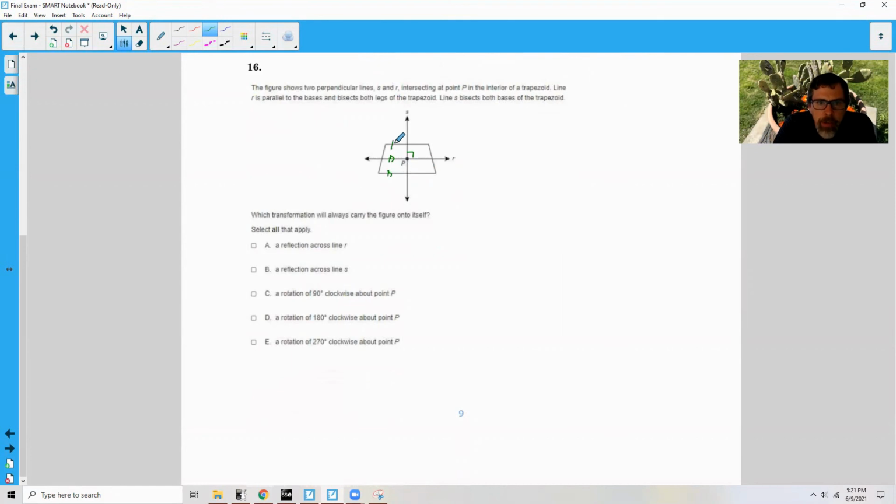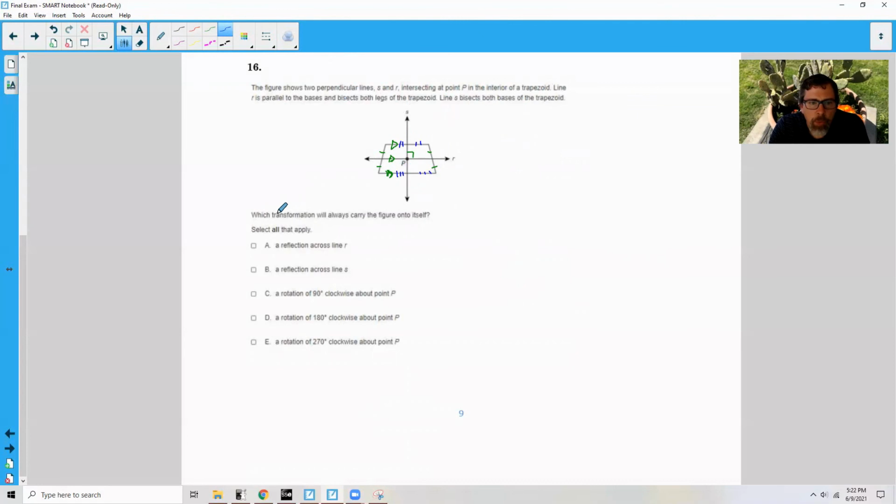Line R is parallel to the bases. All three, the two bases and the line, are parallel. And R bisects both legs of the trapezoid, which means that's equal to that, and that's equal to that. Line S bisects both bases of the trapezoid, which means this equals this, and this equals this.